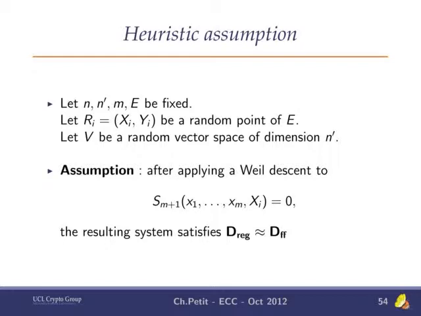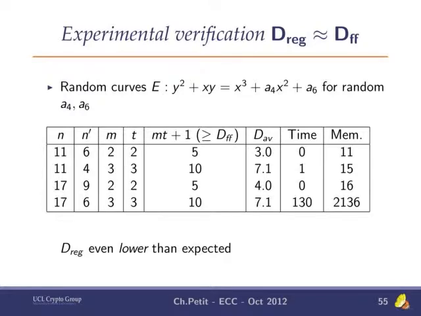We assume that when we apply a Weil descent on the summation polynomial, we get a system that satisfies this general heuristic assumption. Here is some data. Again, I couldn't go very far, as you see, and the largest n I got is 17, and the largest m is actually 3.